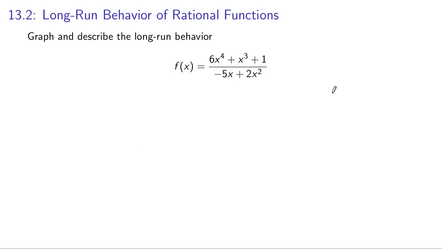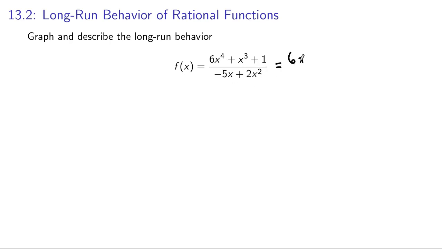Now let's graph this function, 6x to the fourth plus x cubed plus 1 over minus 5x plus 2x squared. So if we think about the long run behavior, we'd have the ratio of the leading terms. And this is a little bit of a trick.